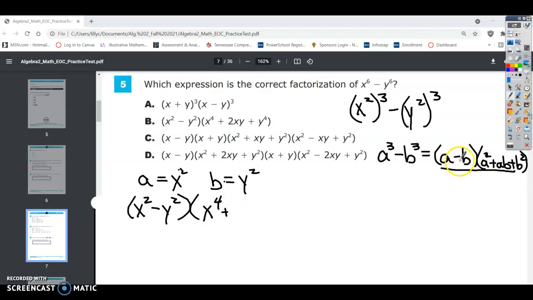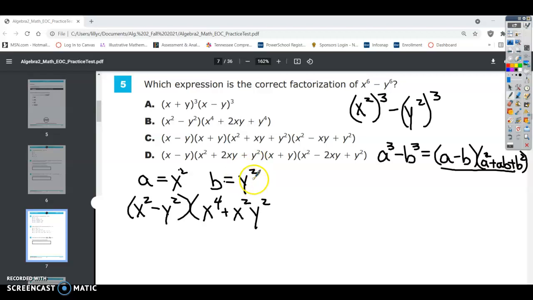And then we're going to have plus, because there's a plus here. Remember, SOAP is same and opposite and then always positive. So opposite this would be positive, and that's where the plus ab comes from. So just ab. ab is x squared and y squared here. So we're going to have plus x squared y squared. And then b squared.